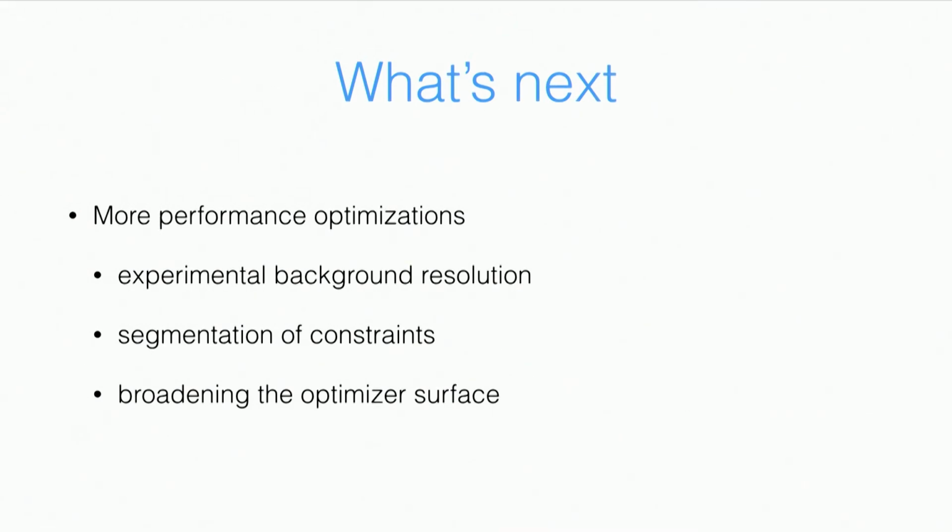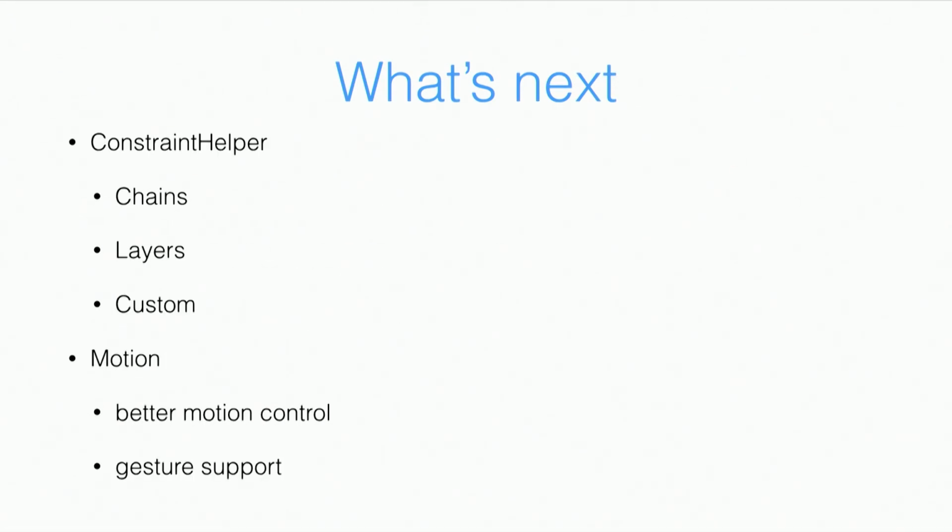Also segmenting the constraints that are related. You can actually cluster them. And in general, we can do a lot more with the optimizer. So actually, that's my time to say, if you have examples of UI that are slow in constraint layout, don't be shy, send it to us, and we'll improve that.